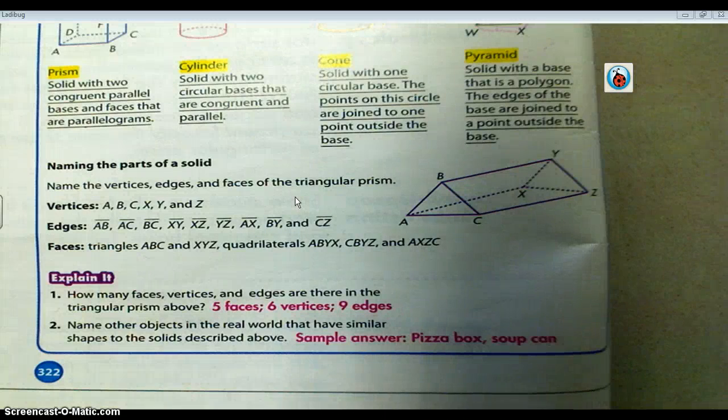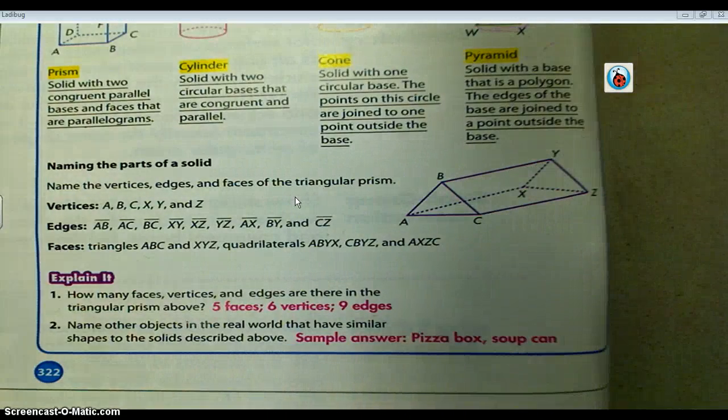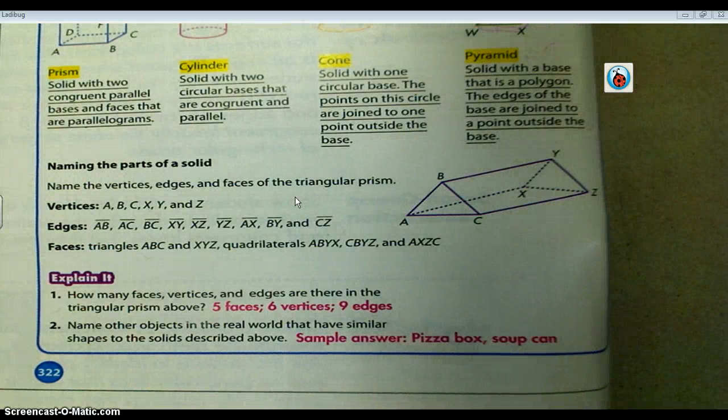Okay? Notice whenever they tell us edges, do you see how they put that little line segment symbol above the letters? Does that line segment symbol look familiar? Yes. Okay. Just another reason why making sure you understand those symbols above the letters and what they mean is important. So when we label edges, we give the two letters. So AB would be this side right here.